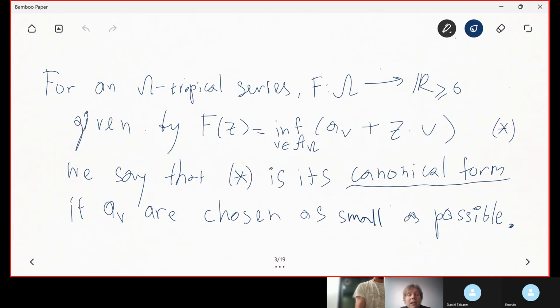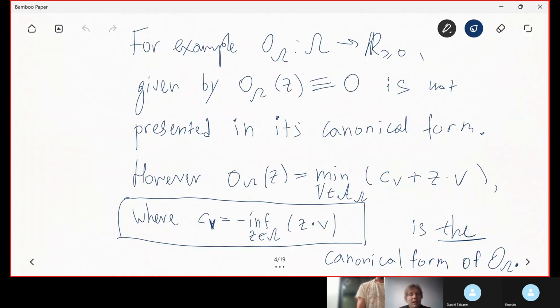Sometimes some monomials in this series expression don't contribute at all. So we force them to contribute at least somewhere by choosing the corresponding coefficients as small as possible. Let's see a concrete example.